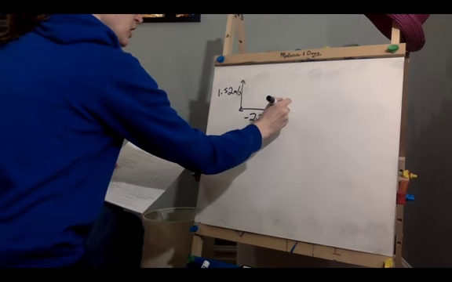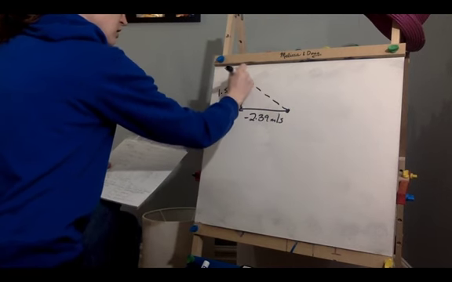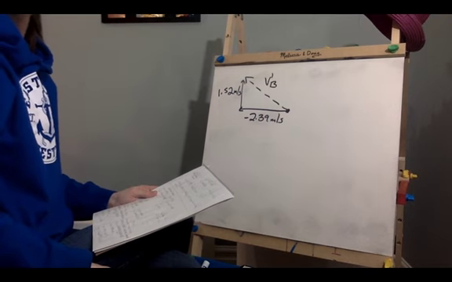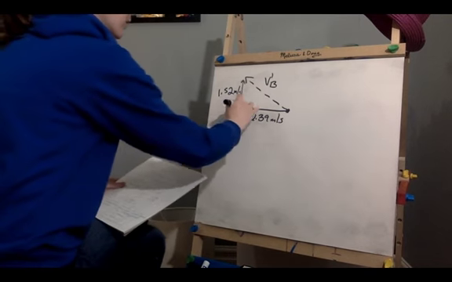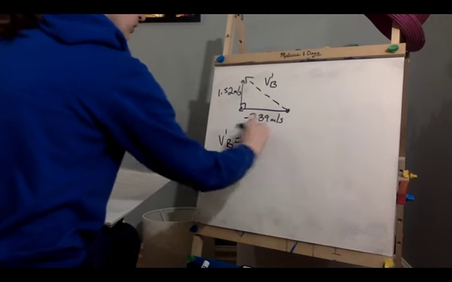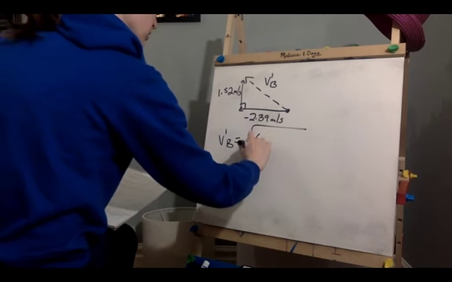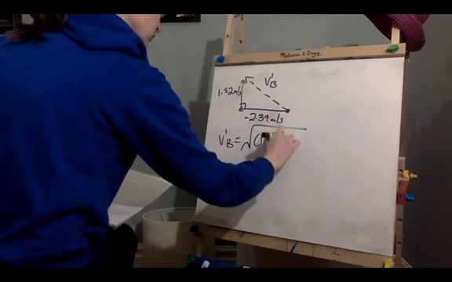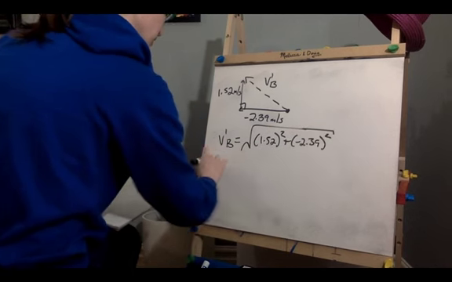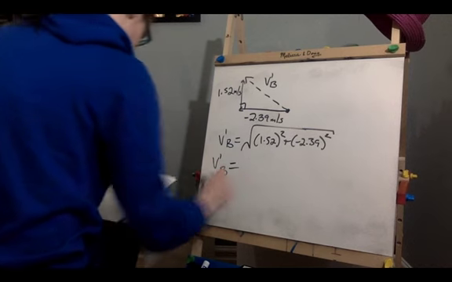We are interested in what is this value here. Pythagorean theorem, right? So that's going to be the square root of the sum of these squares. Squaring the negative is just going to make it a positive, so it's not going to matter.